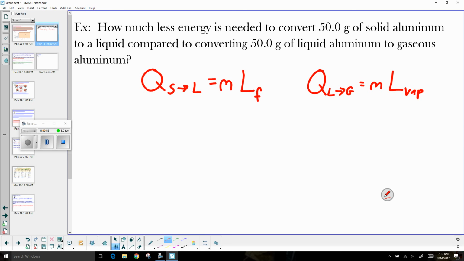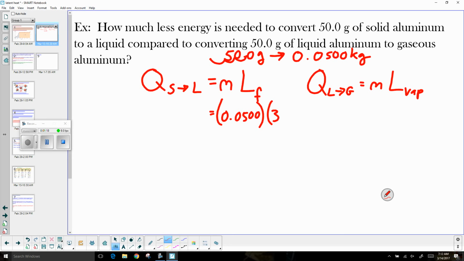So the table I gave you, the masses are in kilograms. So for both of these, I'm going to take the 50.0 grams, convert it to kilograms, and that's the mass I'm going to use in both cases. Latent heat of fusion is going to be the 3.97 times 10 to the 5th joules per kilogram.